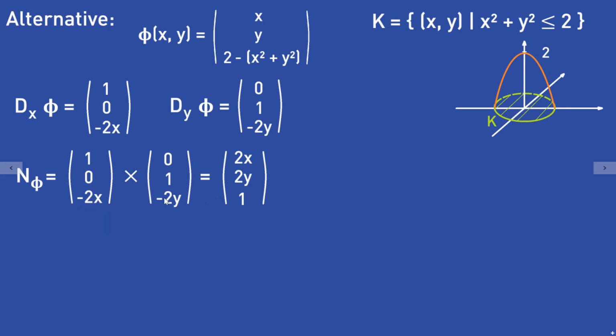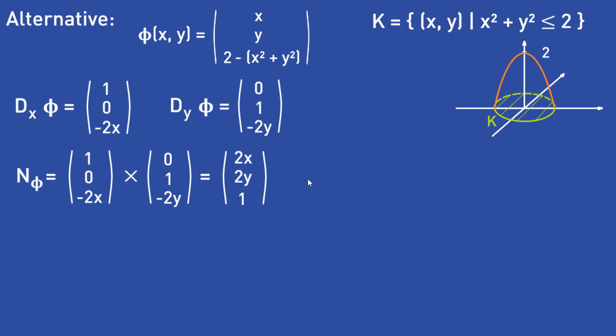So in the end, you get minus 2y, and you need a minus sign for the second entry, so you get 2y. And for the last entry, you have to ignore the last line. Then you have to calculate 1 times 1 minus 0 times 0, which is 1. So this here is the normal vector n phi.